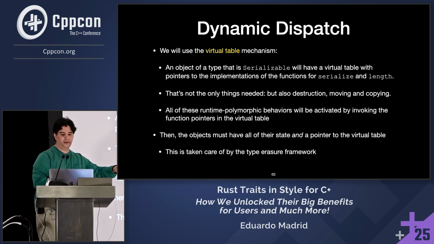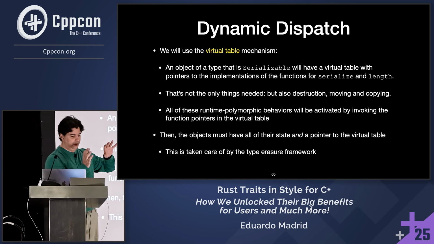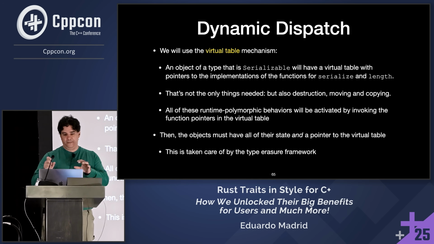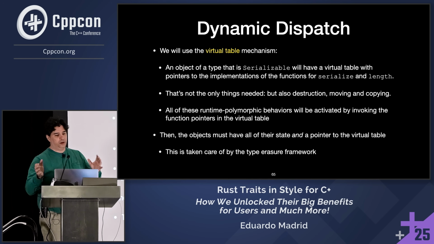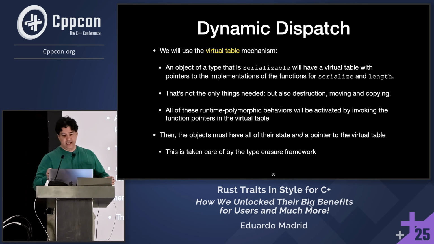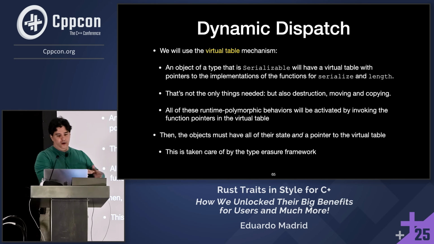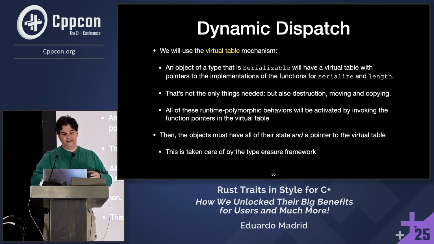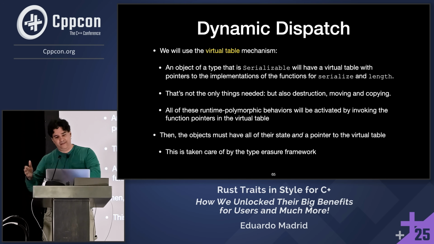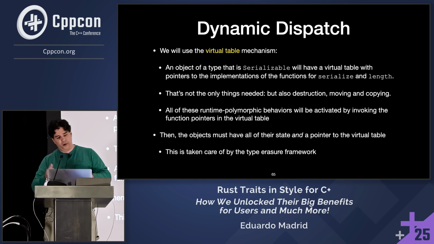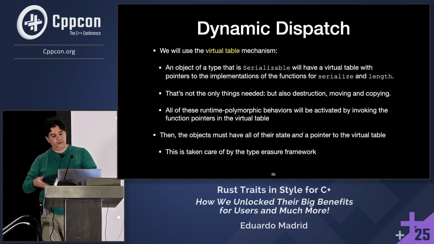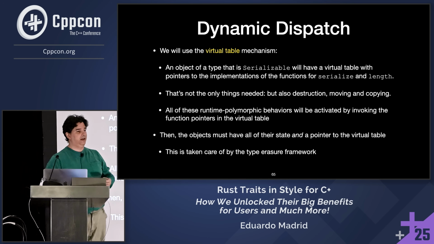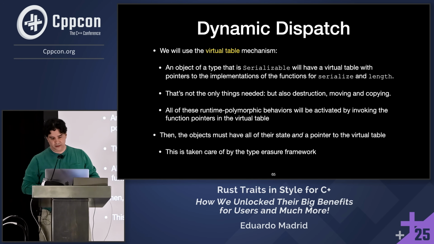Now, once we have done the trait, we can see the part of the dynamic dispatch and the virtual table mechanism, right? In particular, an object of a type that is serializable, something that can go inside a serializable, will have a virtual table with pointers to the implementations of the functions for serialize and length according to what we defined at the beginning of the serialization interface.